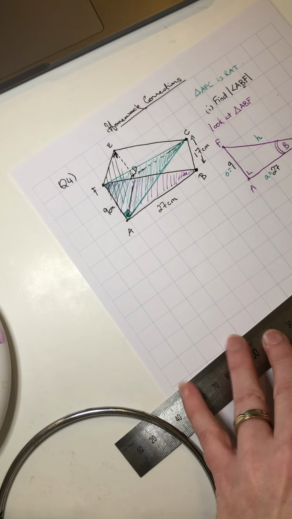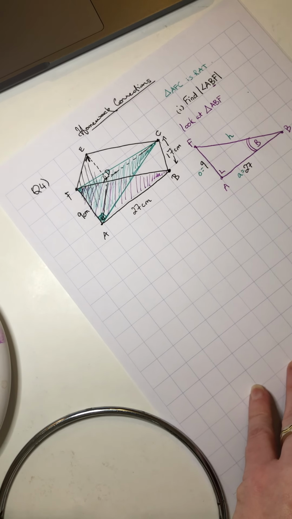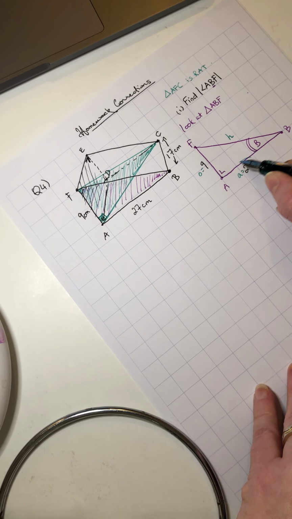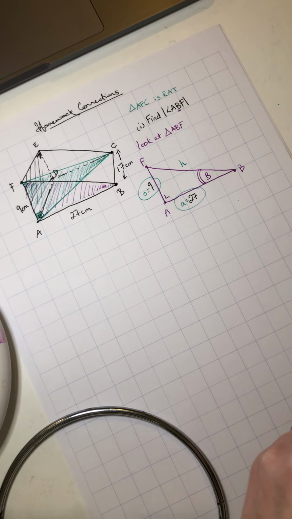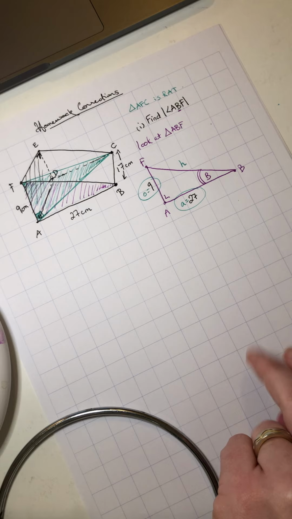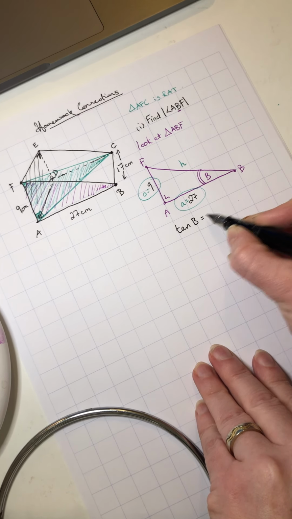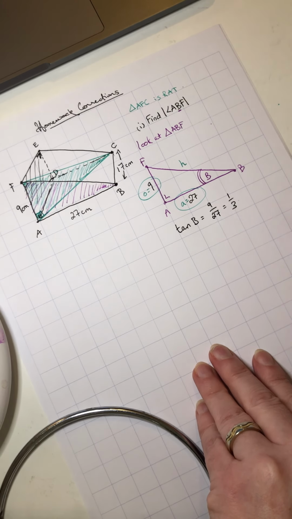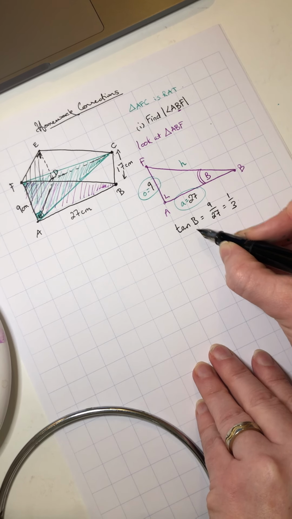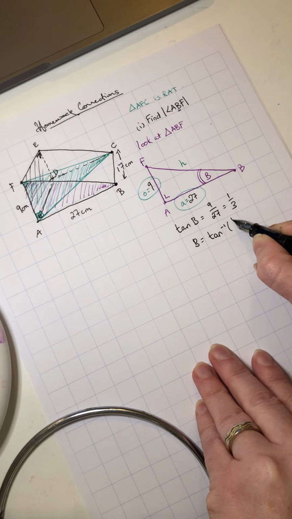So for part 1, I'm going to be using SOHCAHTOA, and I'm going to be using tan in particular because the 2 sides I was given were the opposite and the adjacent. So tan of B is my opposite over my adjacent. You can simplify that to a third or just type it into the calculator the way it is. I don't know the angle, that means I'm using the inverse function, tan inverse of a third.